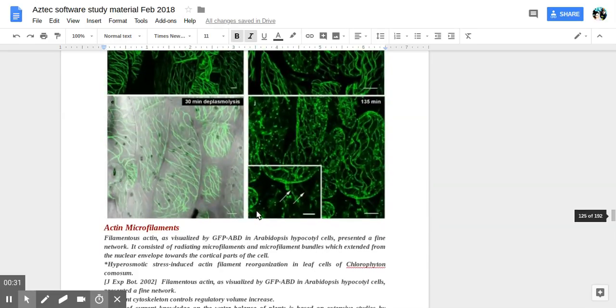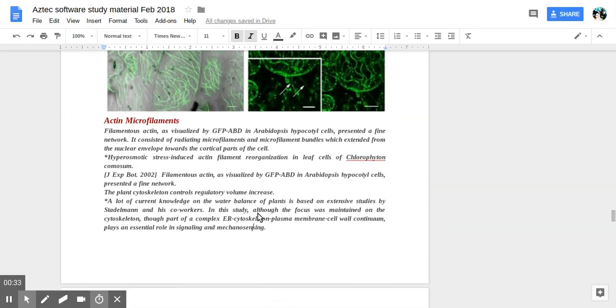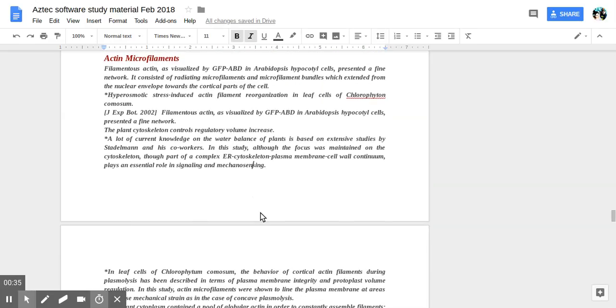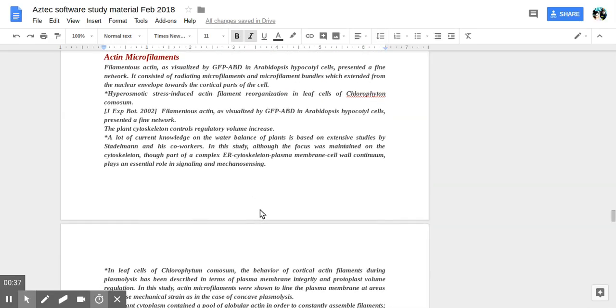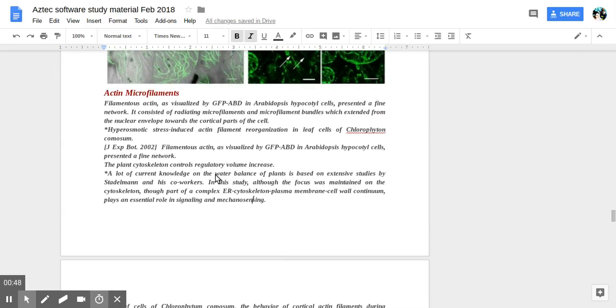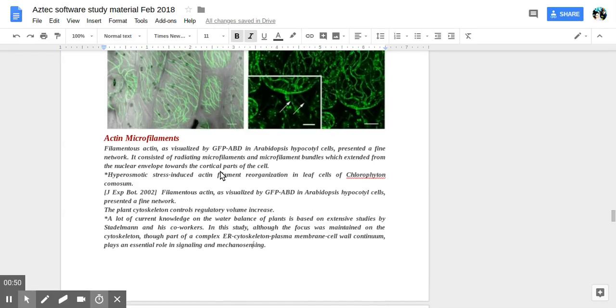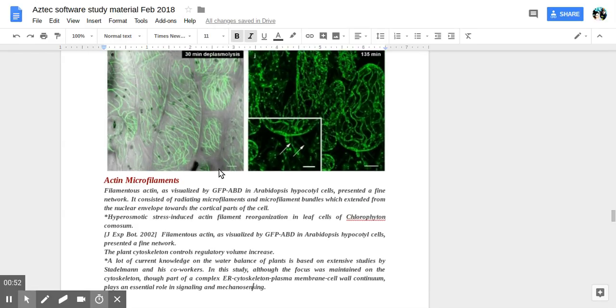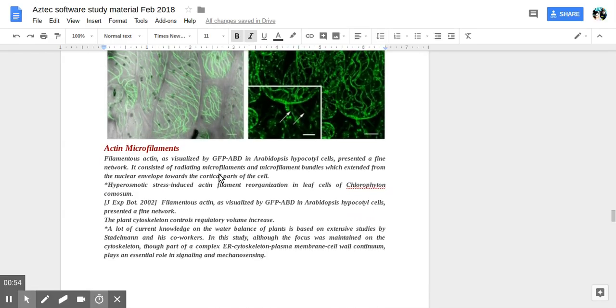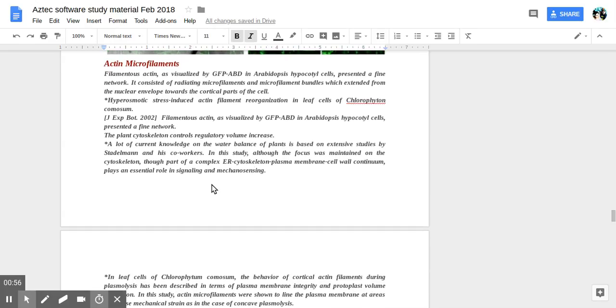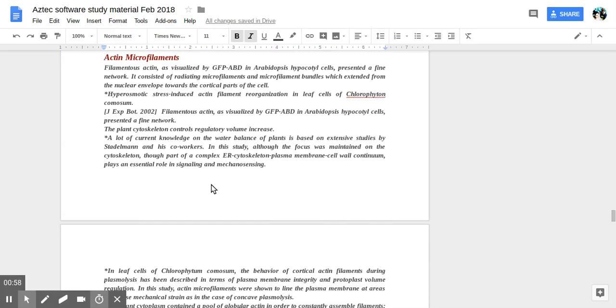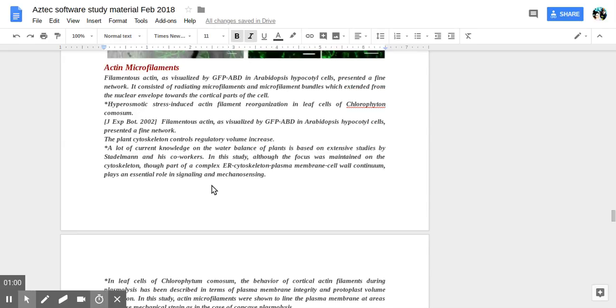With the increased and decreased volume of the cell due to water entering and exiting the cell due to different concentration gradients, these two parts of the cell change in their orientation as they control the protoplast. That is the internal part of the cell.